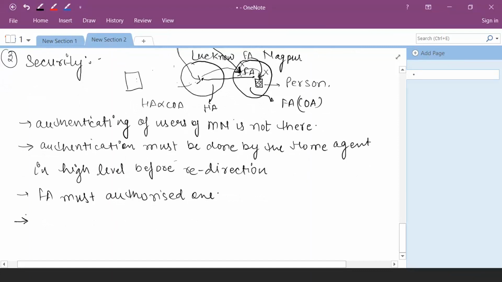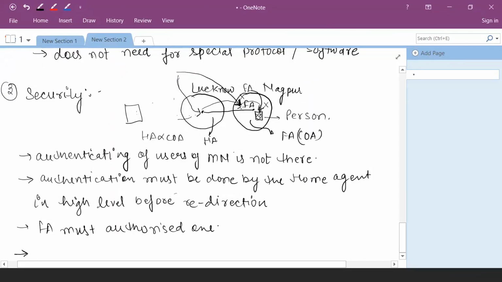But why have these things happened over there? There are a lot of security concerns. These things are happening because mobile IP makes a compromise with the existing protocols in a very simple manner. It does not provide its own security features. Just the security features used by the TCP/OSI layers or the IP protocol are the same. That's why these problems arise.